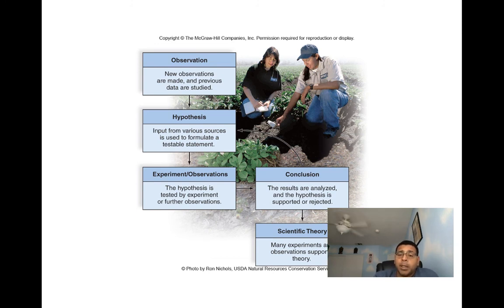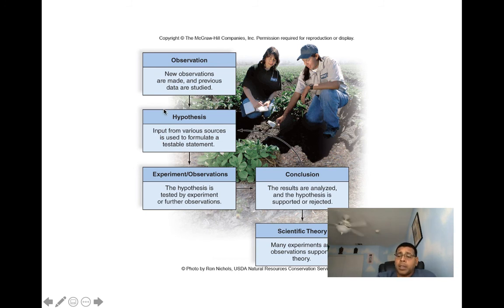This way, we can evaluate new ideas to arrive at accurate conclusions about processes. So in observations, new observations are made and previous data is studied. And this then allows us to move on to the next step, which is formulating a hypothesis.